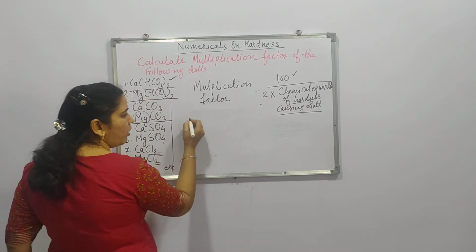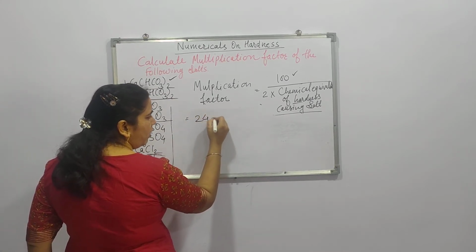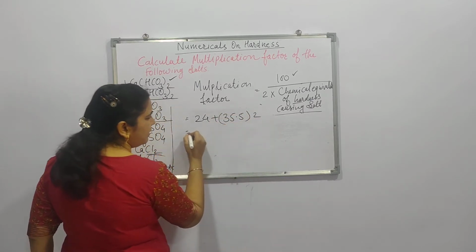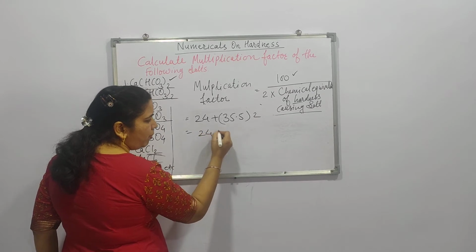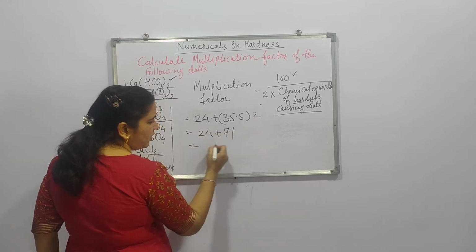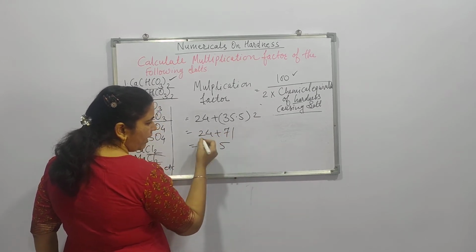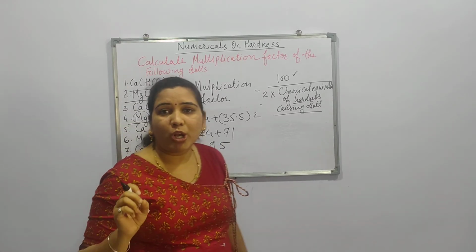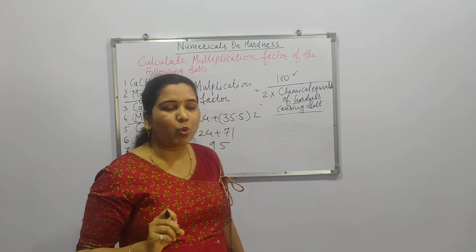Now magnesium chloride: instead of 40 we just have to put 24. So magnesium chloride is Mg 24 plus 35.5 into 2, that is 24 plus 71, equal to 95. 95 is the molecular weight of magnesium chloride.